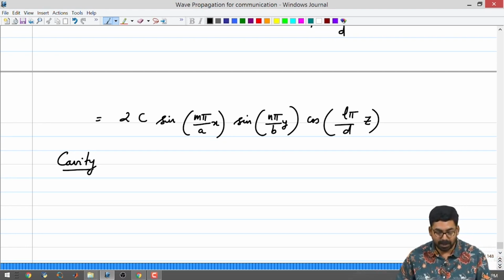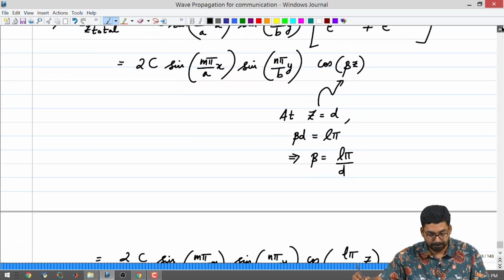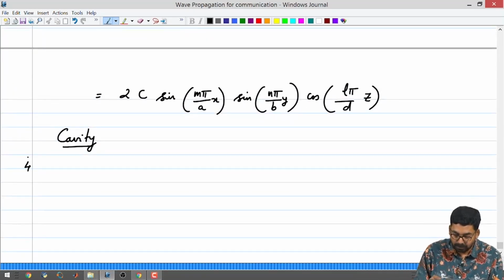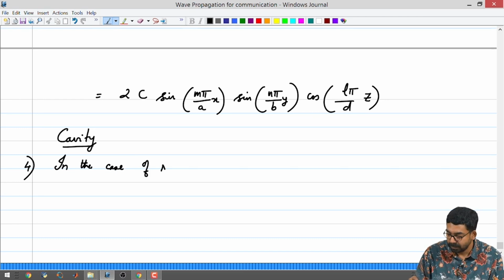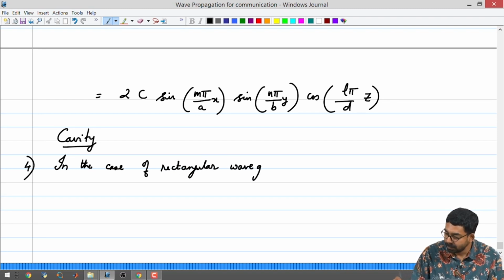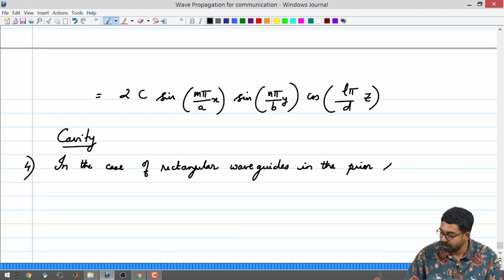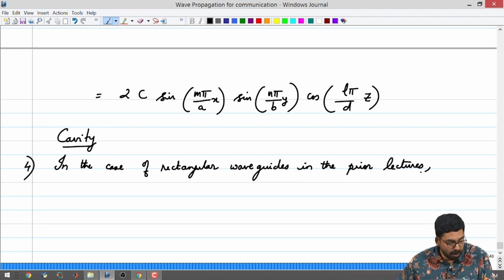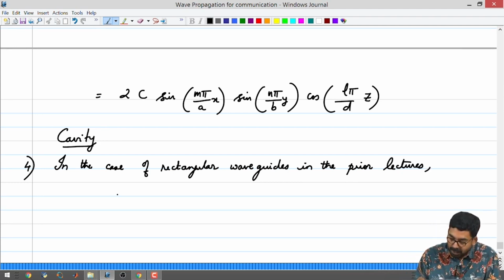Now, in the case of rectangular waveguides that we had seen in the prior lectures, we wrote down a relationship while analyzing the modes, all right, and we saw that the cutoff frequency, we used omega suffix c, all right.